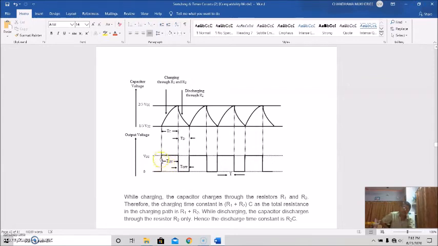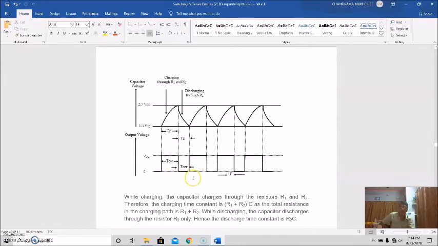We find here that the time constant of the charging path is R1 plus R2 into C, and this is the time constant of the discharge path, R2 into C. This is the turn-off, and this is the total time period.